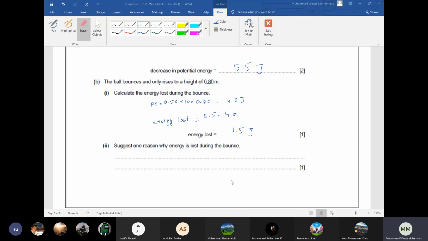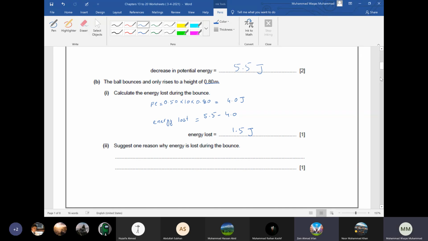That's right, but you have to write a particular answer. So you can say the internal energy of the ball, or you can say the internal energy of the ground increases, right? Got it or not? Understood, beta? Yes, sir. Understood, sir.